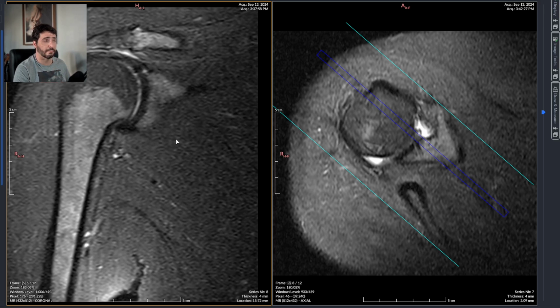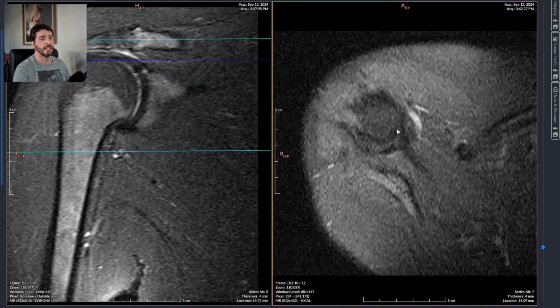But I can say, if you guys bear with me, right here on the anterior and superior portion of the glenoid labrum, it seems there is a tear right here, and it just happens this is the most common site of such lesion.